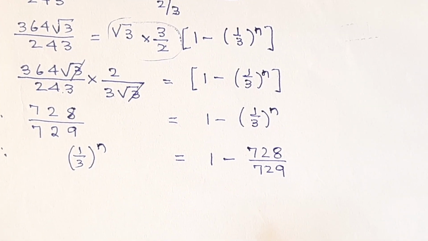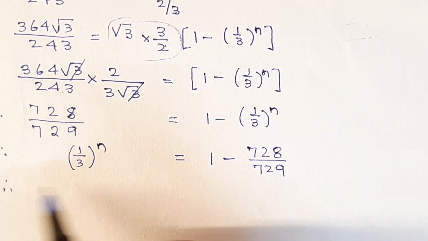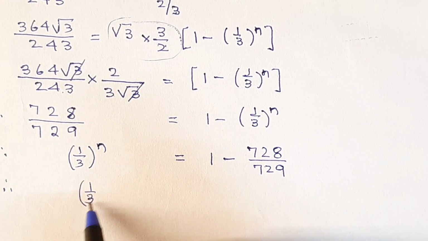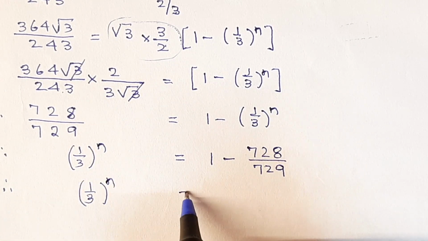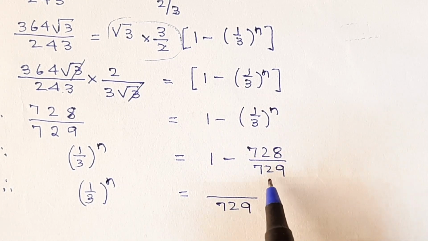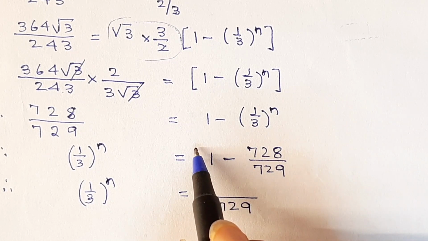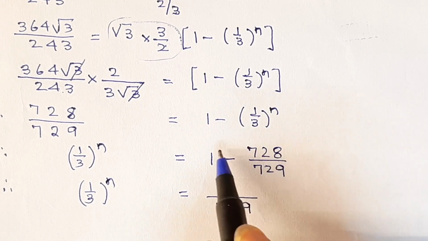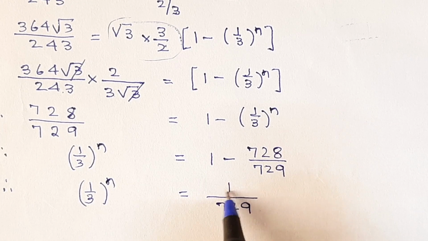Are we understanding what's happening? Now, 1 upon 3 to the power n remains the same, and here we will take LCM 729. Now, in the numerator, it will be 729 minus 728. Simple subtraction gives us 1.